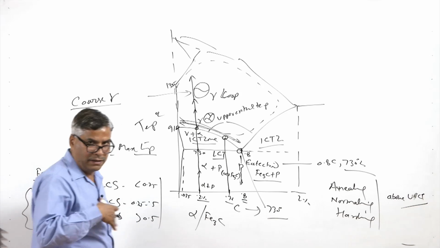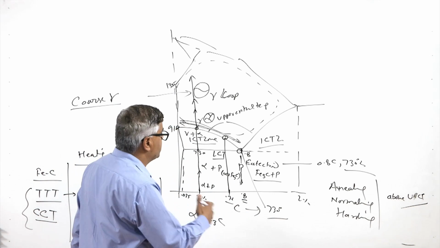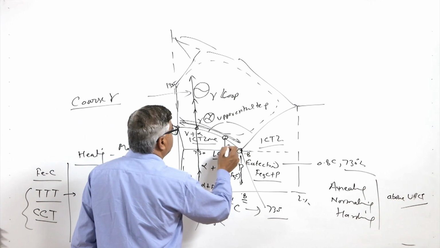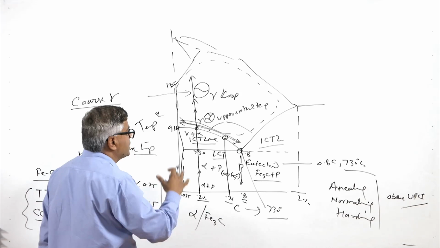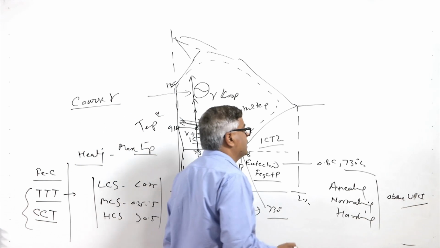So, depending upon the carbon content in the steel, this upper critical temperature will vary, and this line can shift in the upward direction or the lower side depending upon the alloying elements present in the steel.